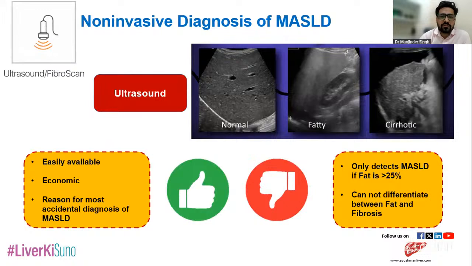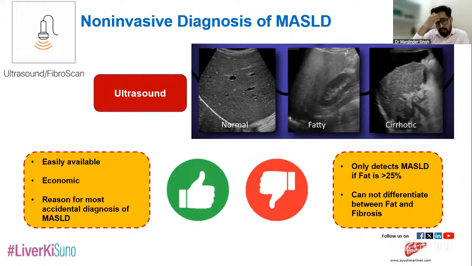Other non-invasive diagnostic methods include ultrasound, which is very economical and easily available. And it is the reason for pickup of most cases of MASLD. But on the downside, it detects MASLD only if the fat content is more than 25%. Like I said, at least 5% fat deposition in the liver is represented by fatty liver.